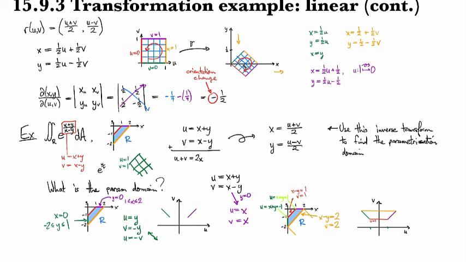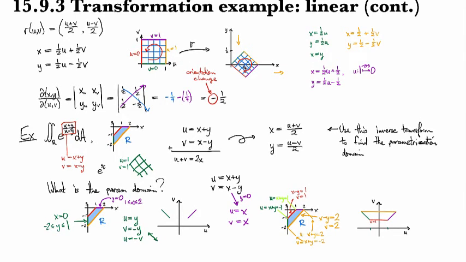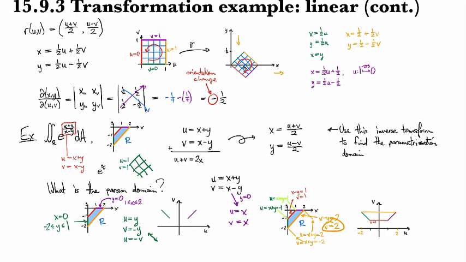The one bounding up here is where x plus y equals 2, and the one down here is the line x plus y equals minus 2. So we're going from u equals minus 2 to u equals positive 2, and we're doing it at height 2. So that's exactly the figure that we've got.